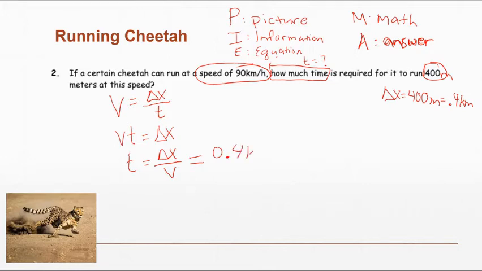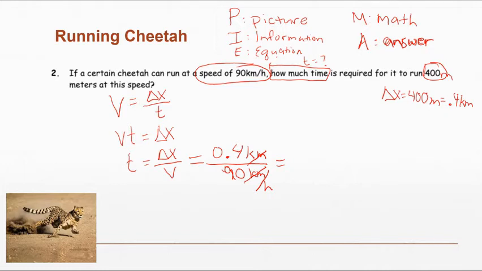So this is going to be 0.4 kilometers divided by 90 kilometers per hour. The reason I need to do that is because I need to make sure that my correct units cancel. So kilometers cancels. I have 1 divided by 1 divided by hours.